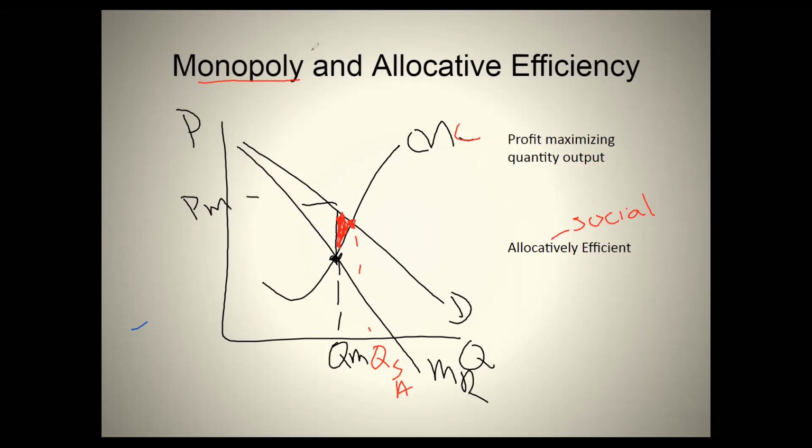If you were looking for the producer surplus, remember, it is going to be below your price. Producer surplus is going to be found in this area down in here, below the price and above the supply curve, right?